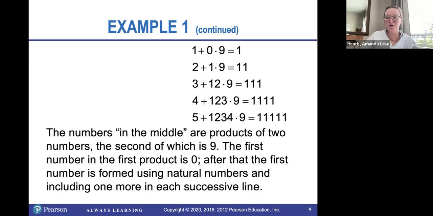Now you may also notice that we have a pattern on the sum on the right-hand side of our equation. We have 1, 1, 1, then we have 3 ones, 4 ones, 5 ones. So you might be asking yourself, I hope, does this keep going? We could try it with the next part of the pattern, which would be 6 plus 1, 2, 3, 4, 5 times 9.